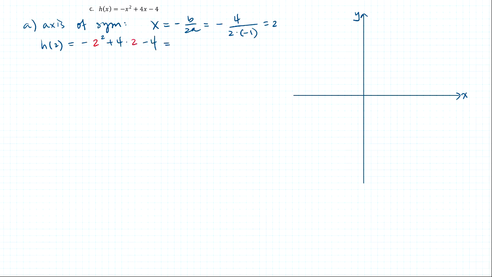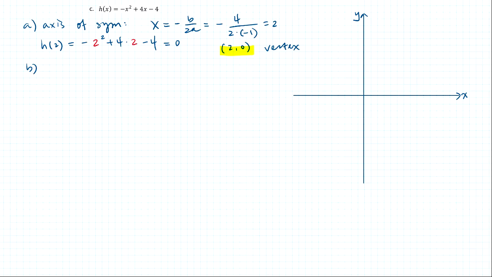If we look at it, we have negative 4 plus 8, which would be positive 4, minus 4, which is 0. So we get the vertex is (2, 0). I'm going to write down (2, 0) is the vertex. That's the first key point we need to get.